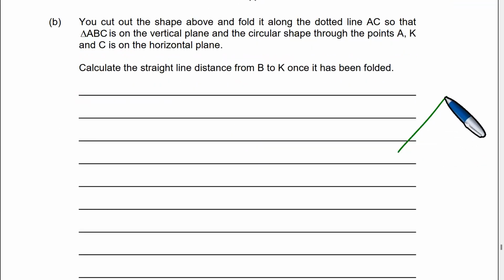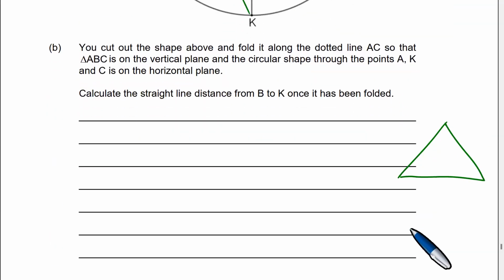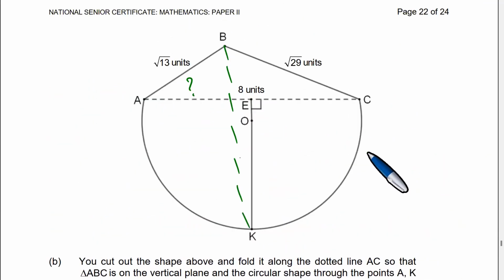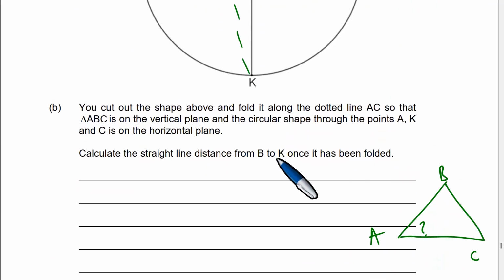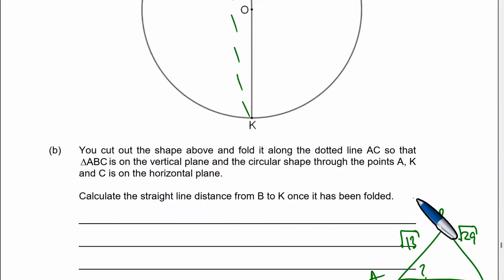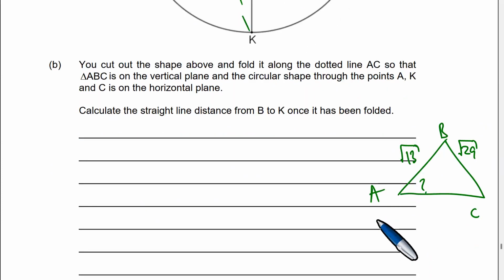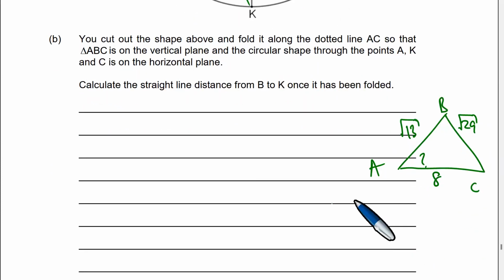You have ABC, and you already know this is square root of 13, the square root of 29, and you already know that this one is 8.